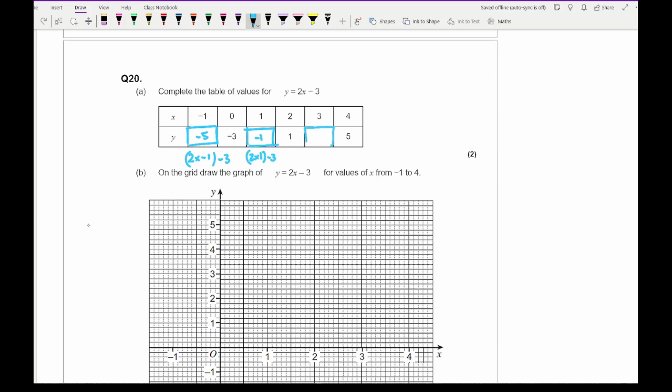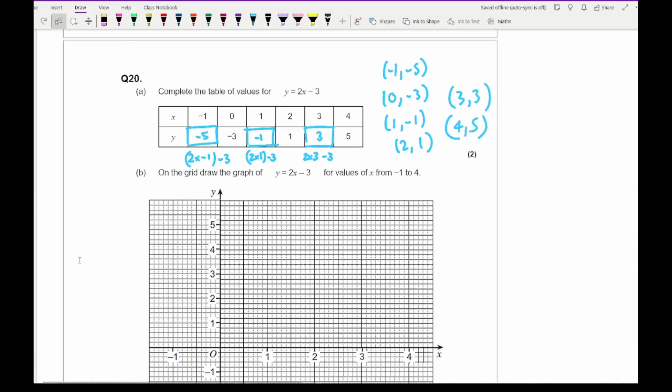And for this one, it's going to be 2 times 3, which is 6, take away 3, which is 3. So the coordinates I want to plot are going to be minus 1, minus 5; 0, minus 3; 1, minus 1; 2, 1; 3, 3; and 4, 5.